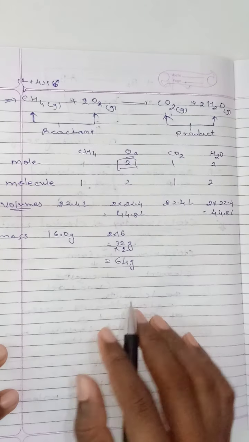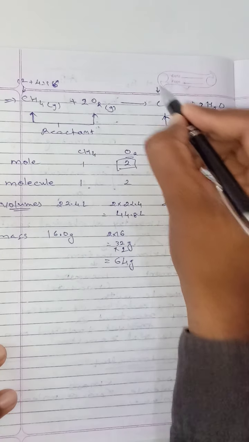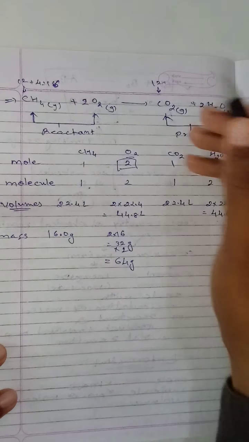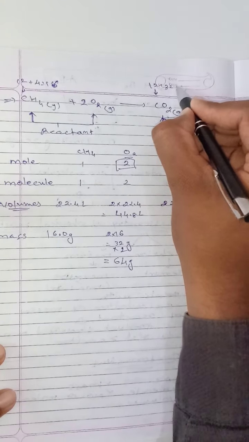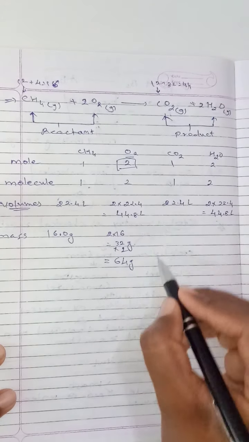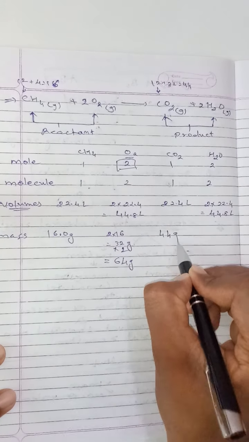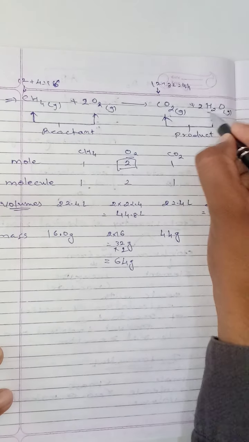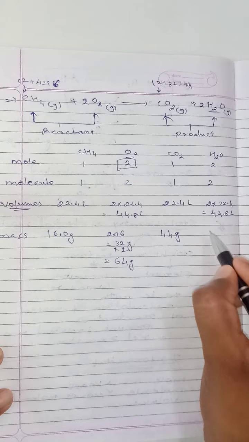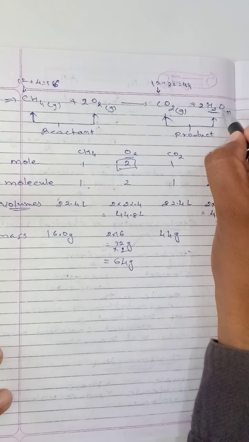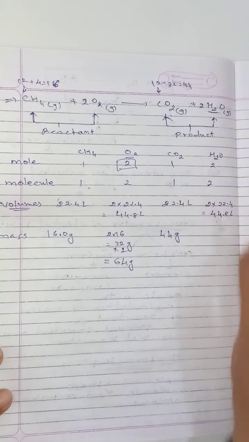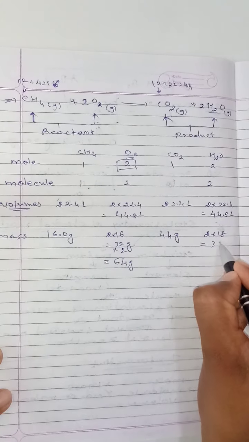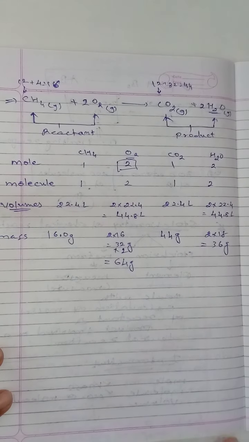Then for carbon dioxide, 12 plus 2 atoms of oxygen, that is 32, equal to 44 gram. And then for water, 2 plus 16, 18, multiplied by 2, that is 36 gram.